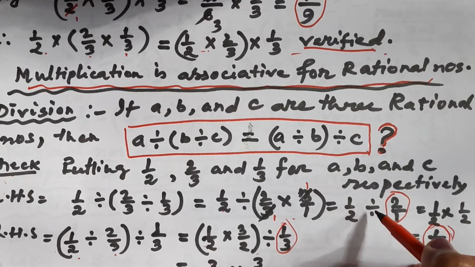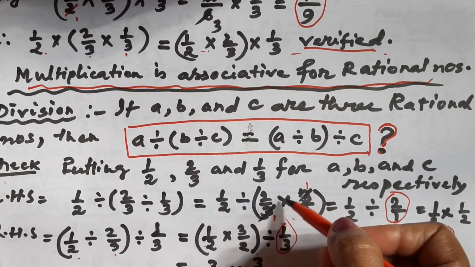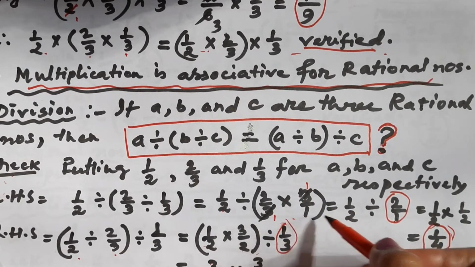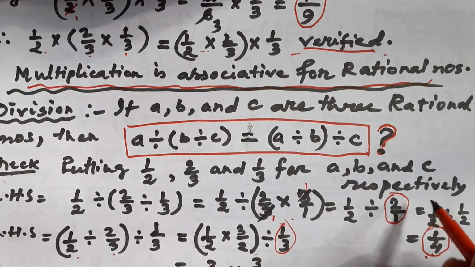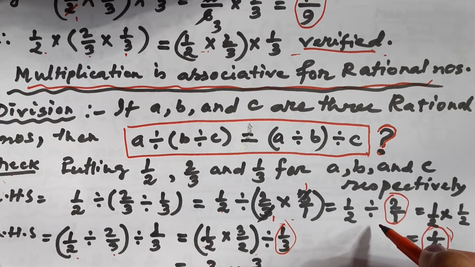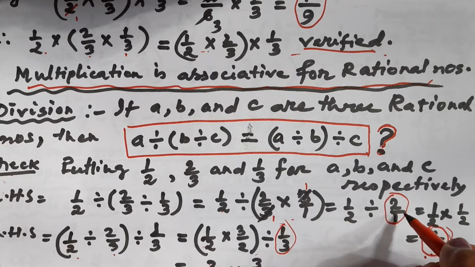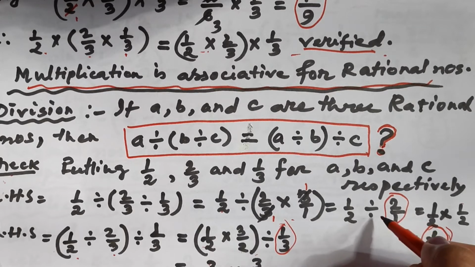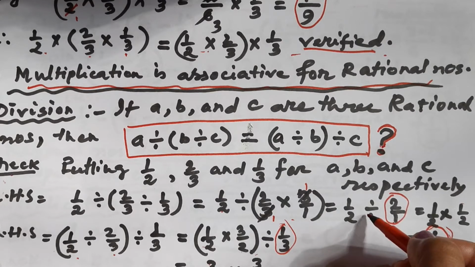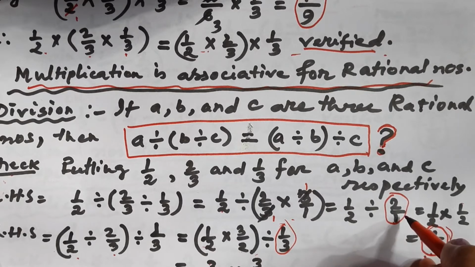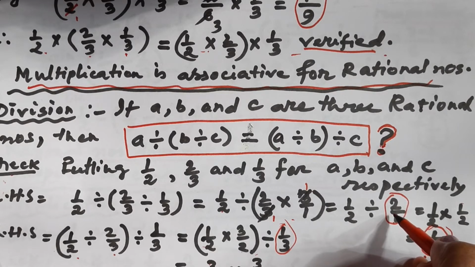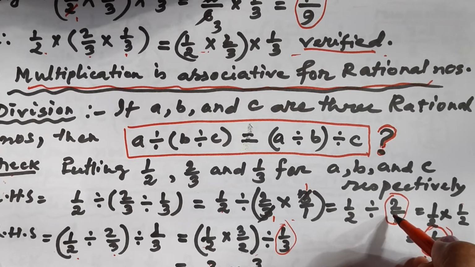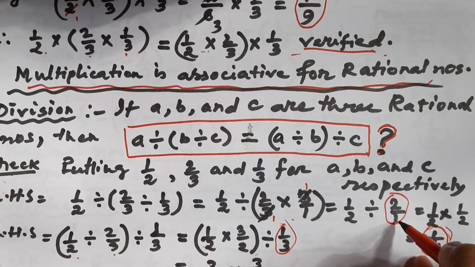So it will be half divided by, 2 1s are 2 and 1 1 is 1, the 3s cancel each other. Therefore, here it is again half divided by 2 by 1.